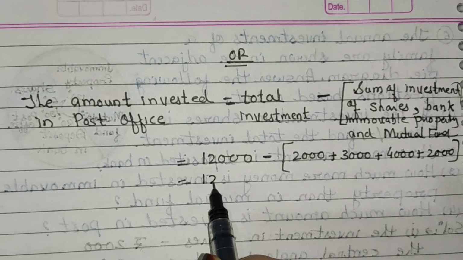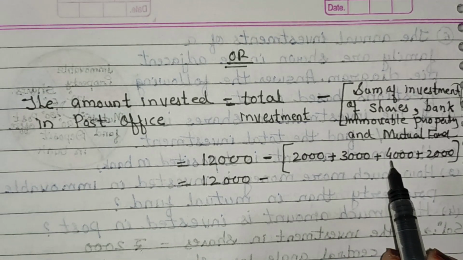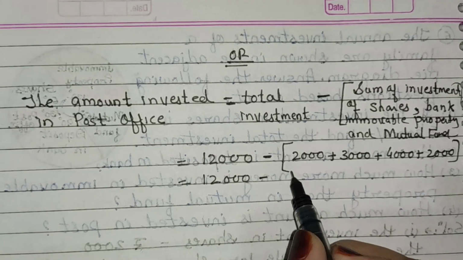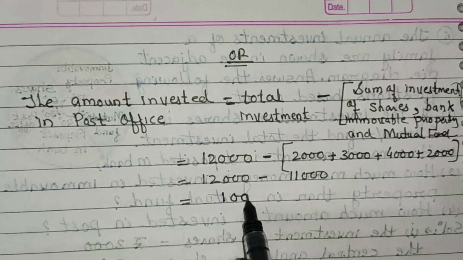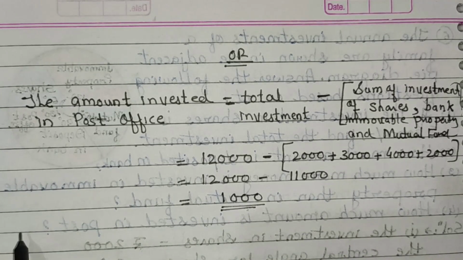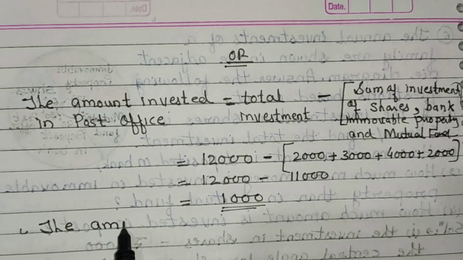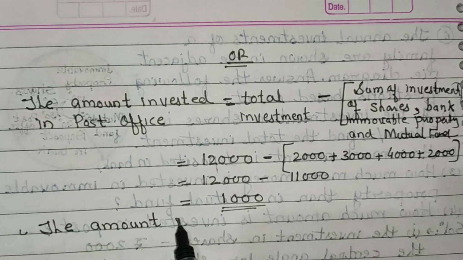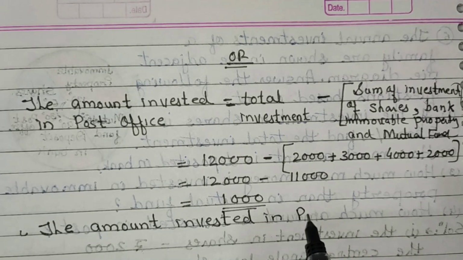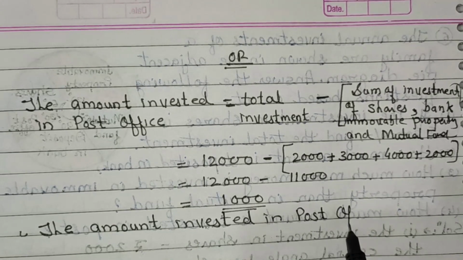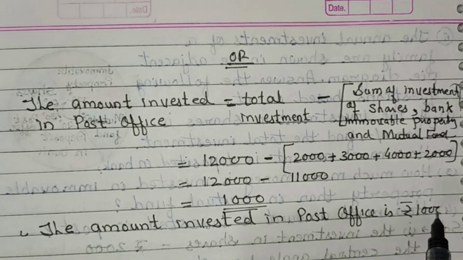Now solve it. 12,000 minus, 2 plus 3 is 5, 5 plus 4 is 9, 9 plus 2 is 11,000. Now 12,000 minus 11,000, we get the same answer, 1,000. Therefore the answer is, the amount invested in post office is rupees 1,000.